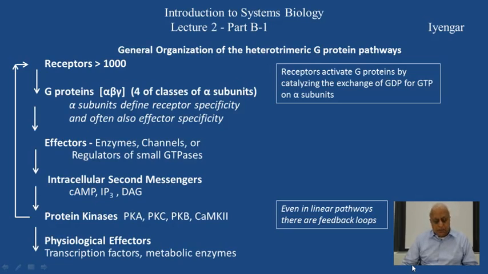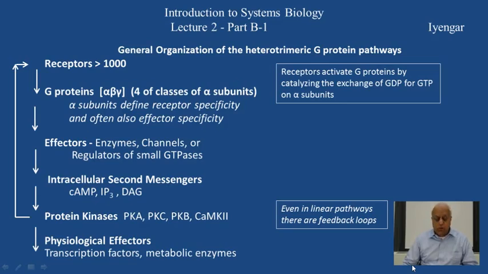The effectors are enzymes, channels, or sometimes even regulators of small G proteins. Occasionally, but not always, they produce intracellular second messengers such as cyclic AMP, the most classically characterized one, IP3, inositol phosphate, another soluble second messenger, and a membrane-bound second messenger, DAG or diacylglycerol.